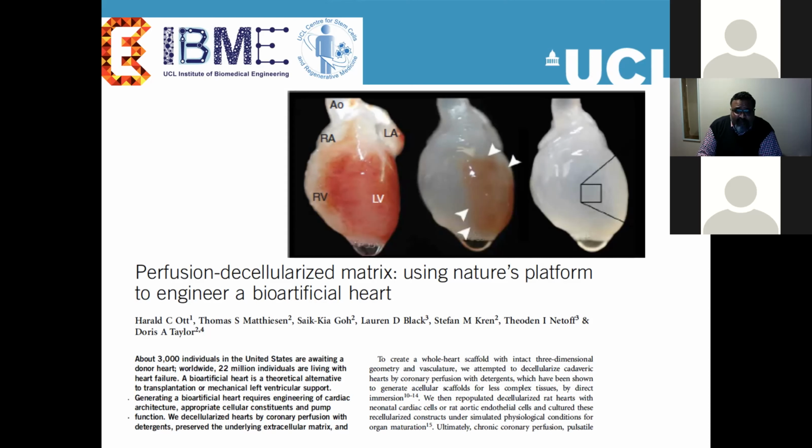Unfortunately, by removing the cells using this chemical cocktail, you're compromising the integrity of the scaffold that you're left with. And once you start seeding it with cells, obviously these are adult cells, so they know where to go in the heart.